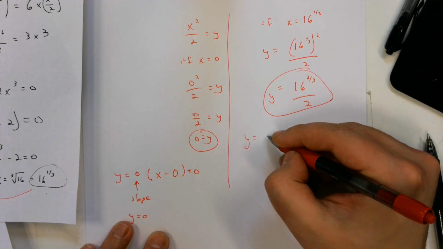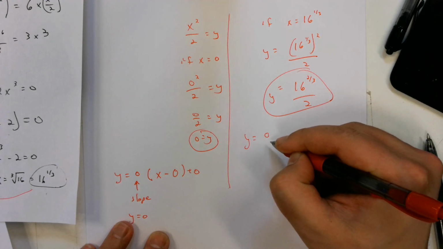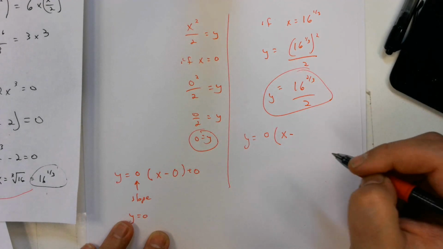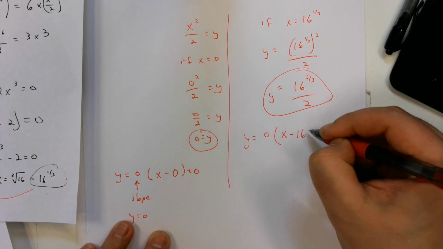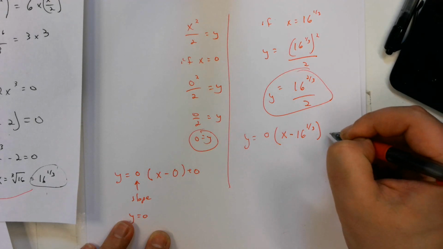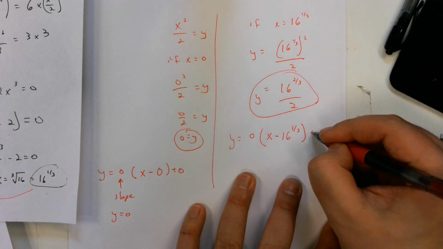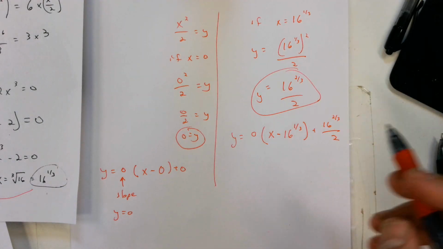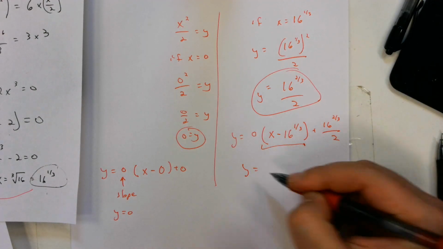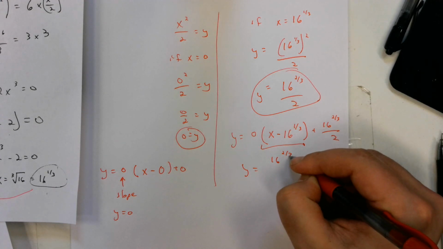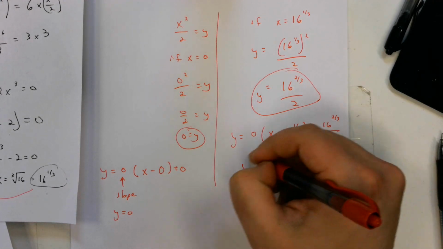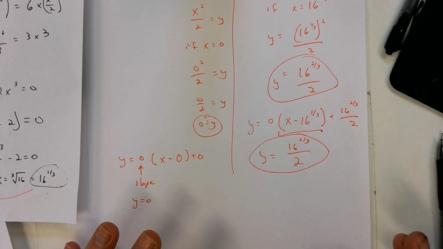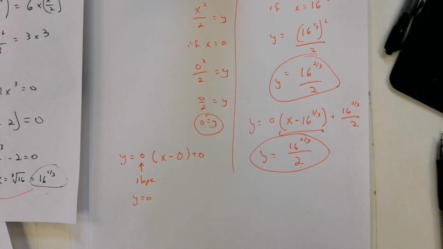Again, making my line tangent to the curve, my slope must be 0 because I am a horizontal tangent line. 0 times x minus the cubic root of 16, that's my x-coordinate, plus 16 to the 2/3 over 2. Guess what? 0 times this is 0. So this is really just y equals 16 to the 2/3 over 2. All right, that's the horizontal.